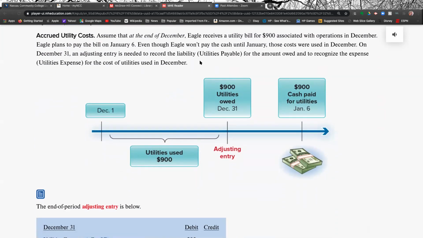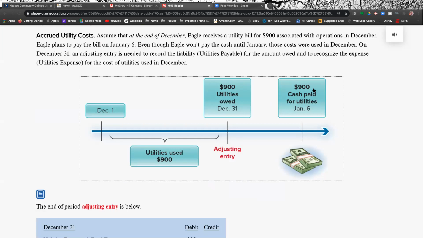Okay, now here, this is the example I gave you before with the telephone bill. They're just saying utilities. At the end of December, they receive a utility bill for $900 associated with operations in December. And the bill isn't due until January 6th. Well, January 6th is next month. We want to make sure that we record all the expenses that we had for this month.